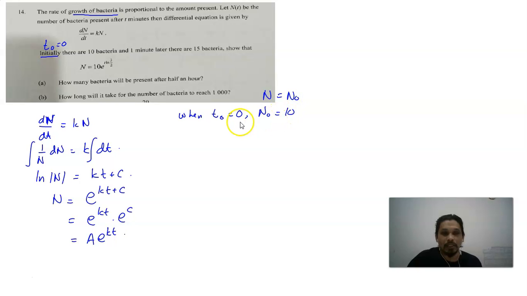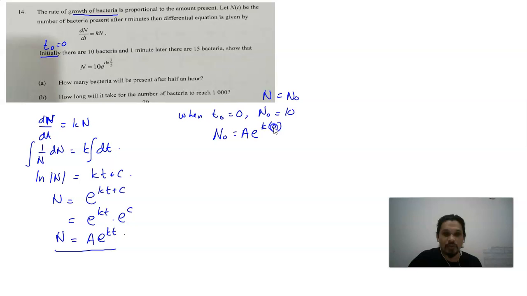to N naught. The initial number of bacteria is 10, T equals 0 here, so N equals N naught. Substitute N naught here: N naught equals A e power of K times T, with T equal to 0.